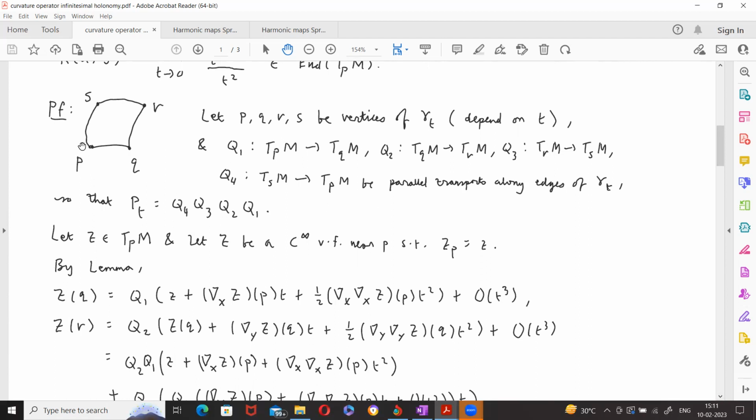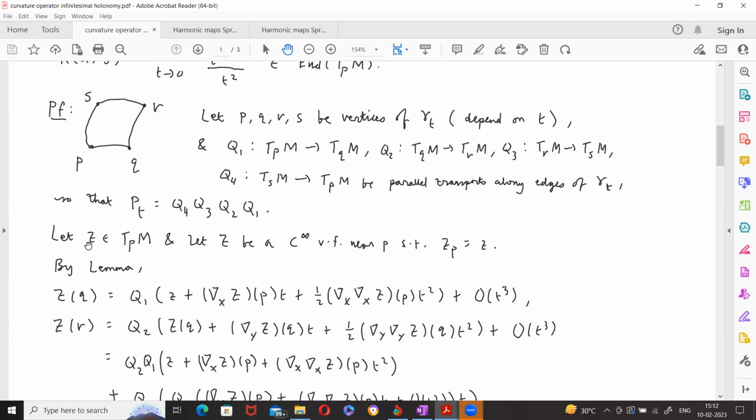So you take this quadrilateral, say it has vertices P, Q, R, and S, okay? And so you have 4 parallel transport maps, say Q1 from the fiber at P to the fiber at Q, then a Q2 from the fiber at Q to the fiber at R, then a Q3 from the fiber at R to the fiber at S, and then finally a Q4 from the fiber at S to the fiber at P. And so my parallel transport along this closed curve is the composition Q4, Q3, Q2, Q1, right? Okay.